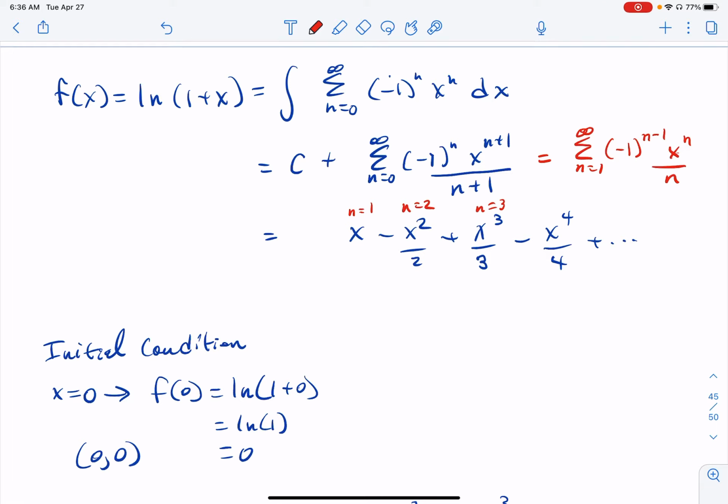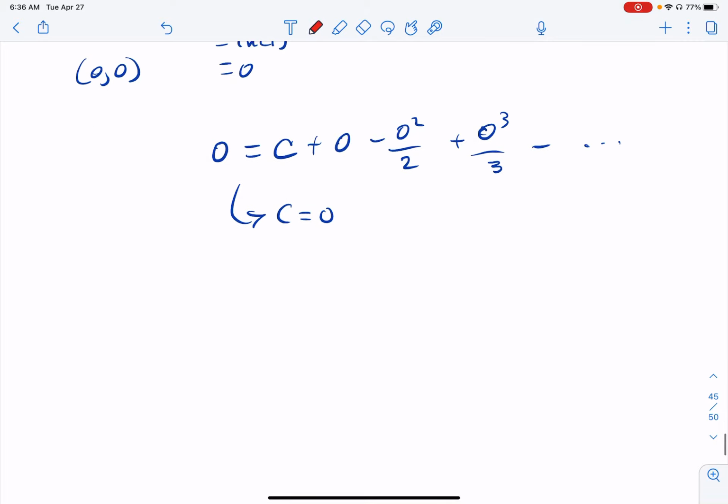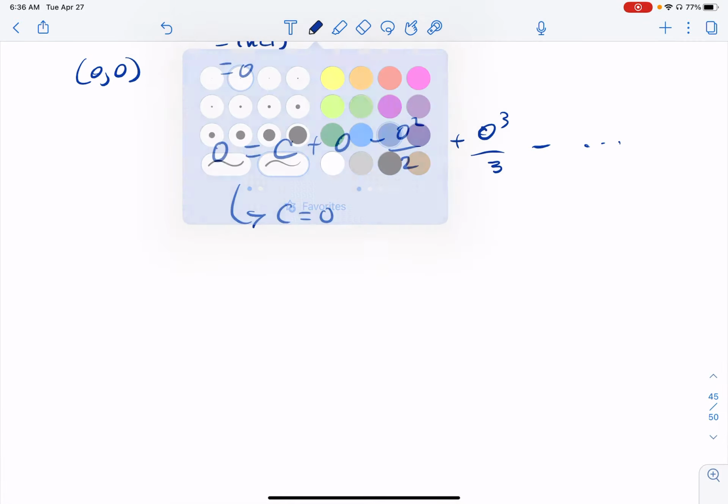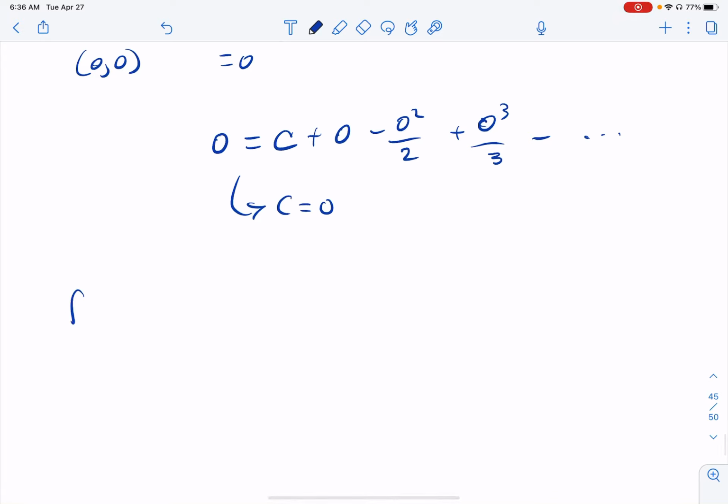So we have just found a power series for the natural log of 1 plus x right there. I'm going to recap that because it's super, super important. Not only is it super important, it is going to go on your memory card. You should have it memorized.